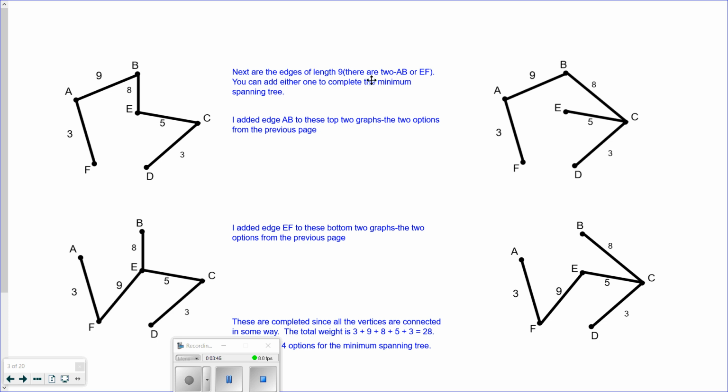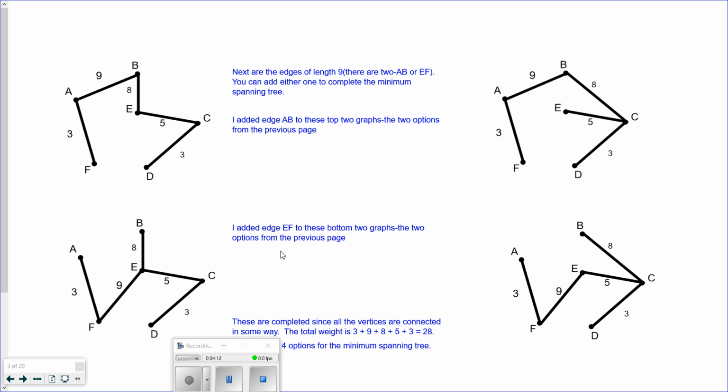And it says that there are 2 9s. So there was one from A to B, and there was also one from E to F. So on the top 2 up here, I added in the AB 9, and I added in this AB 9 because that was from the 2 different 8s, the BC 8 and the EB 8.